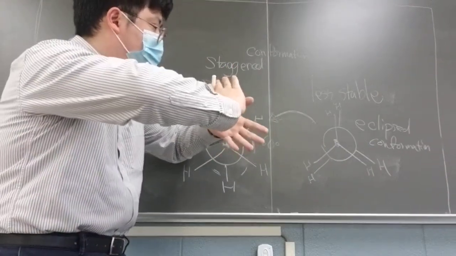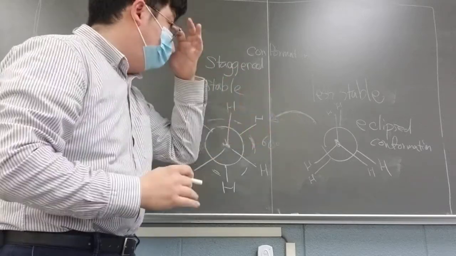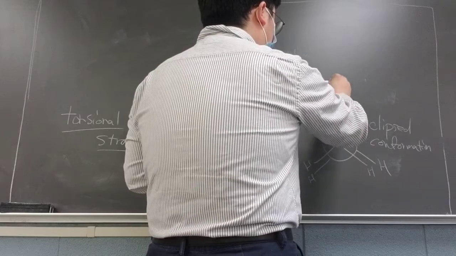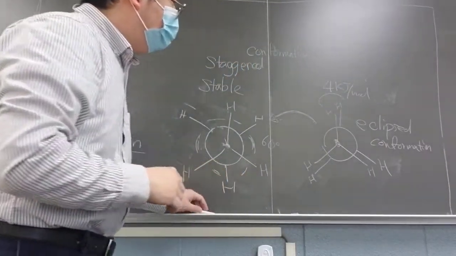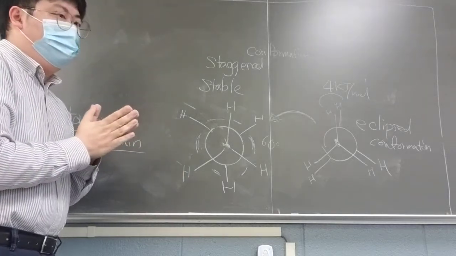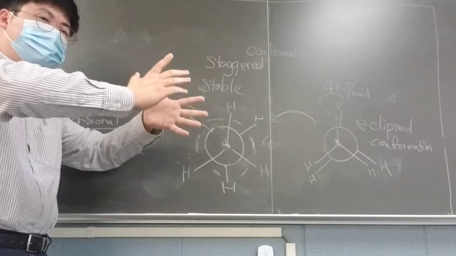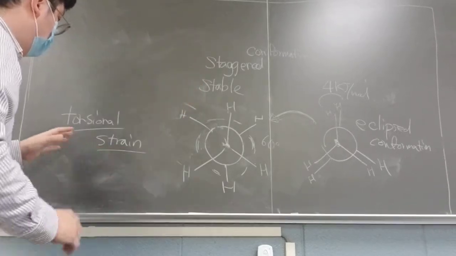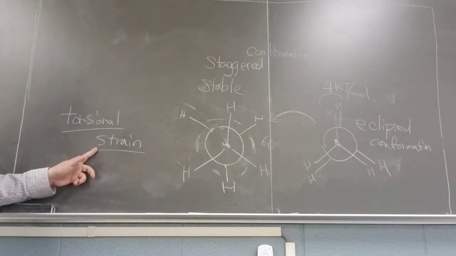The force is about 4 kilojoule per mole. Once they get into the unstable form, they want to go back to the stable form, and they experience a certain type of strain by rotating. So we call this torsional strain.